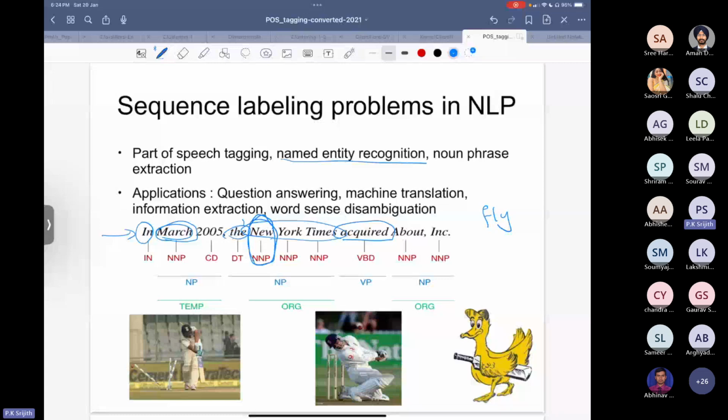Is it written as New Delhi or something else?